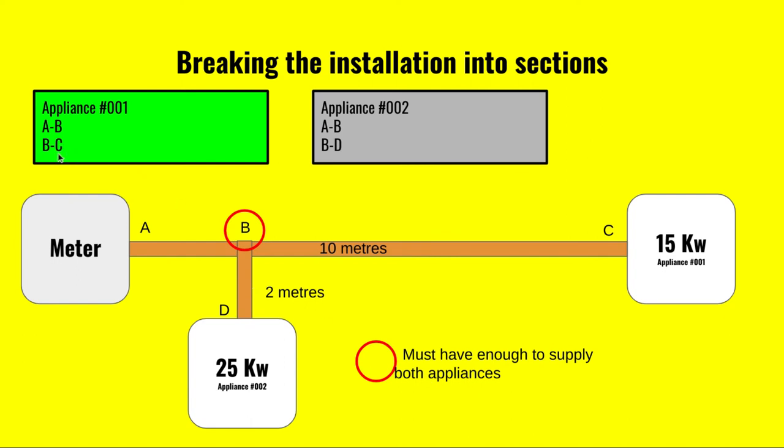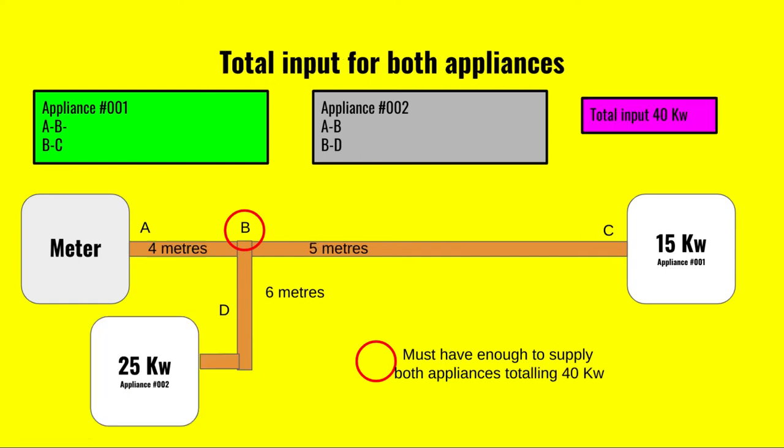So we've got A to B and then from B to C. Appliance 2 is coming from A to B and then it goes from B to D. So you can see where I've changed the sizes here somewhat, just to simplify.